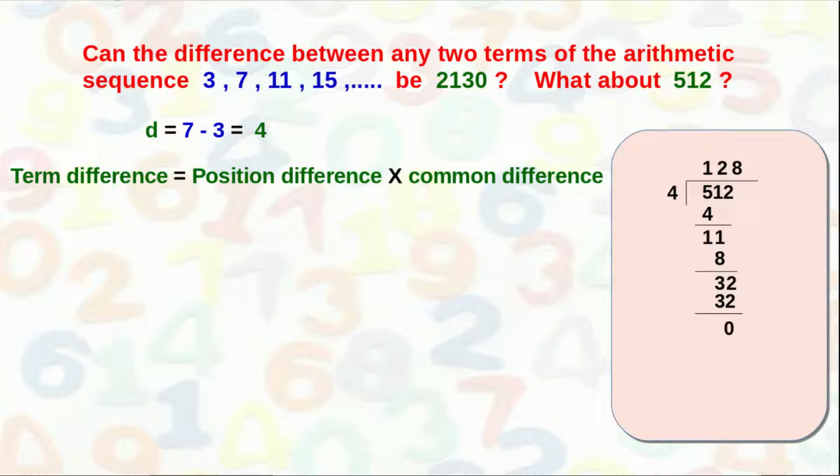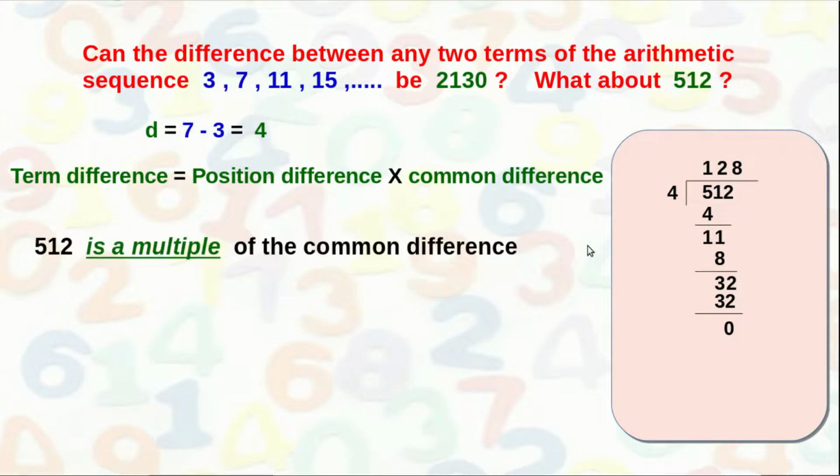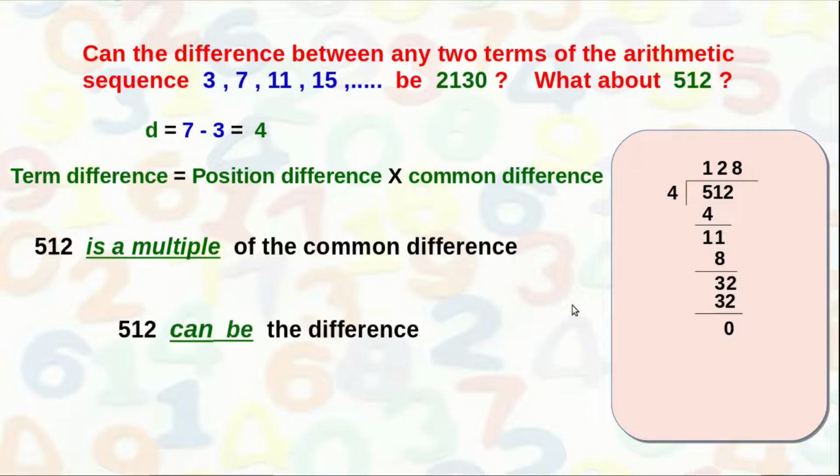So here the remainder is 0. That means we can divide 512 by 4 completely, or in other words, 512 is a multiple of the common difference. Therefore, 512 can be the difference between any two terms of this sequence.